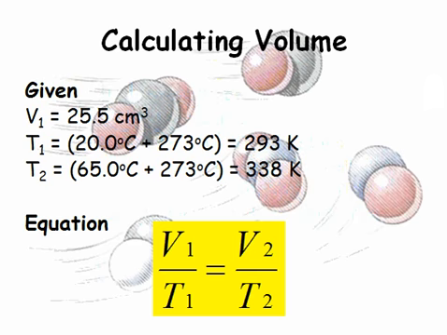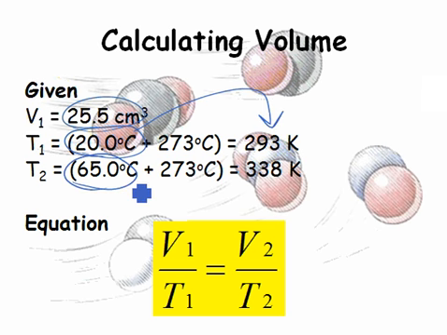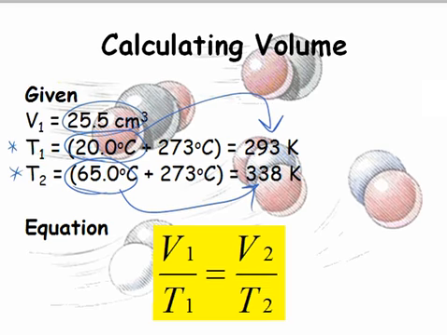Once you do the calculations, this is what we're given: the initial volume, the initial temperature, which was 20 degrees but you have to convert that to Kelvin, and then the final temperature of 65, once it's converted to Kelvin, and then you substitute that into the equation. The trickiest part is remembering that when using Charles' law you need constant pressure.